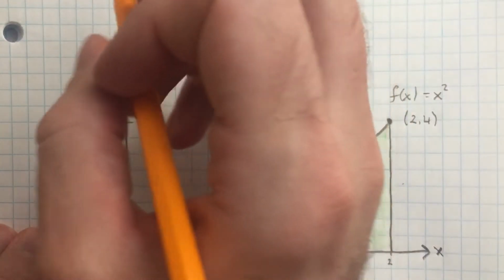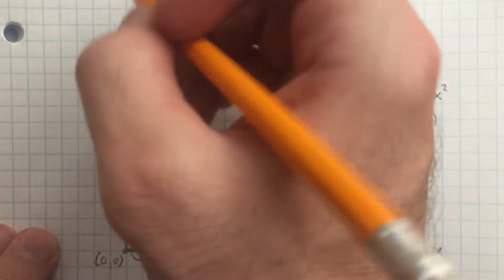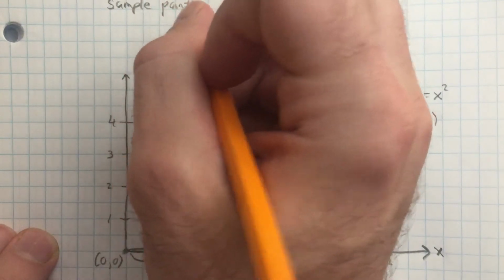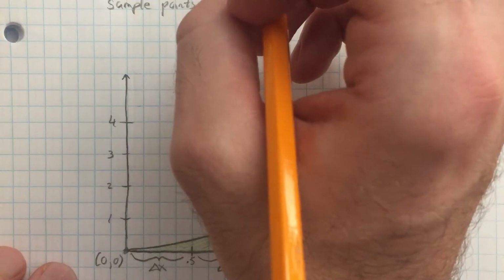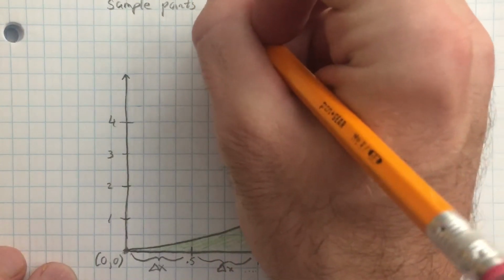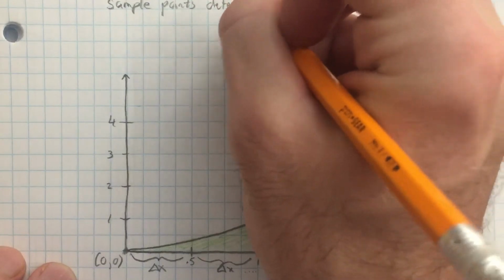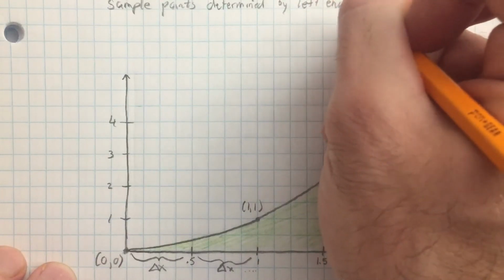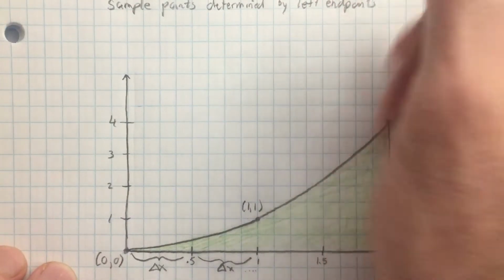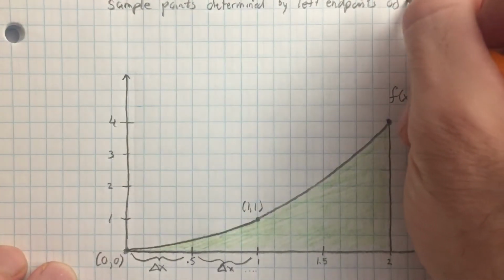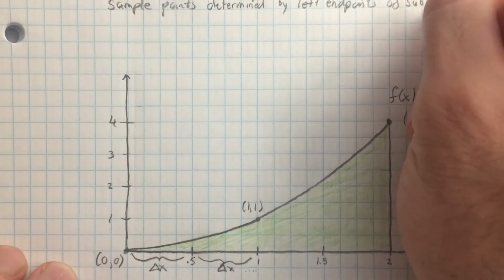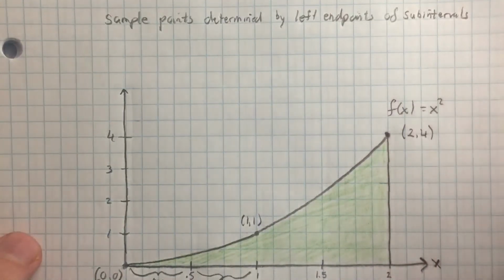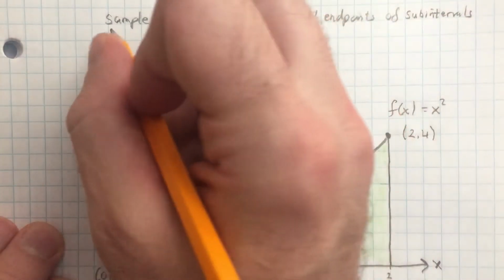Okay, so we'll have sample points determined by left endpoints of subintervals. All right, so left endpoints, but we'll still let n equal 4.